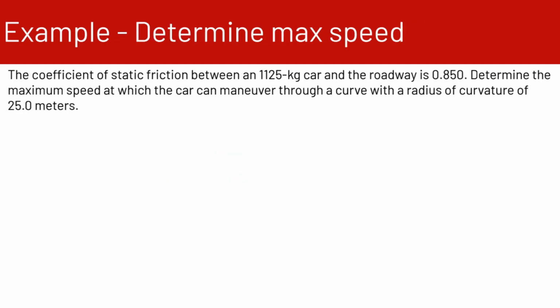Okay, final example. We're going to determine the max speed. The coefficient of static friction between a 1,125 kilogram car and the roadway is 0.850. We want to determine the maximum speed at which the car can maneuver through a curve with a radius of curvature of 25 meters.